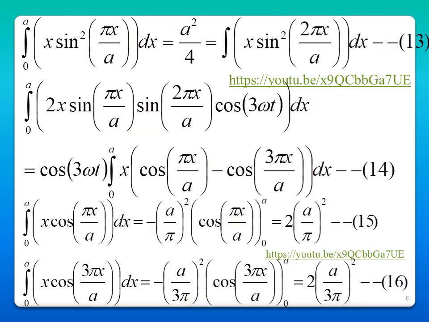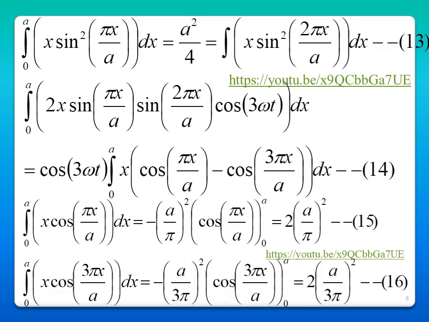So integral from 0 to a of x sin squared pi x by a dx was already derived in one of the videos. I have mentioned the link, please go through. That is equal to a squared by 4. It is also equal to the integral from 0 to a of x sin squared 2 pi x by a dx.